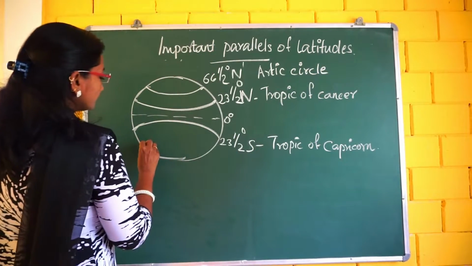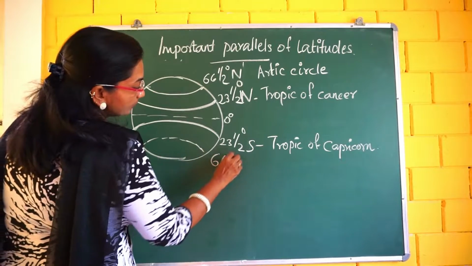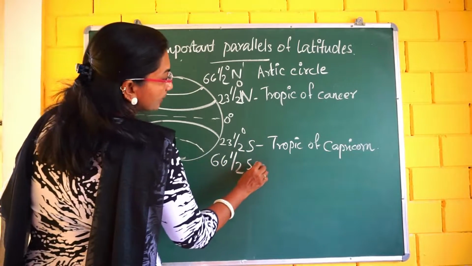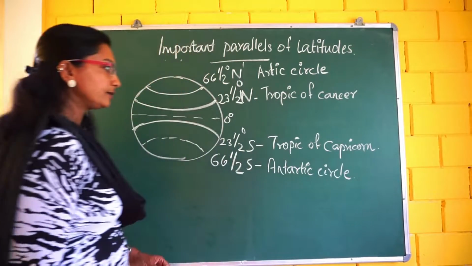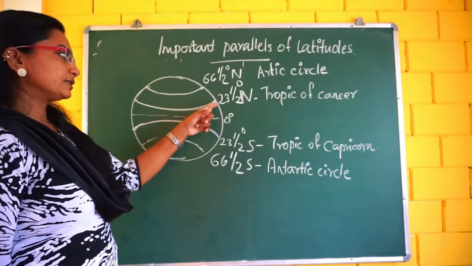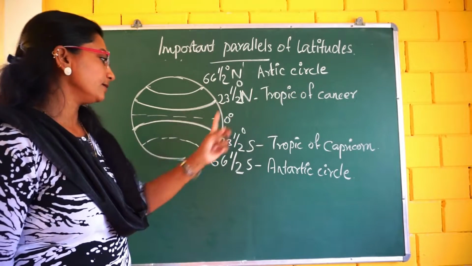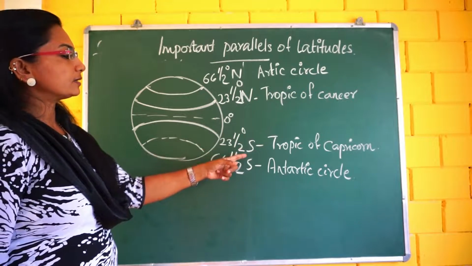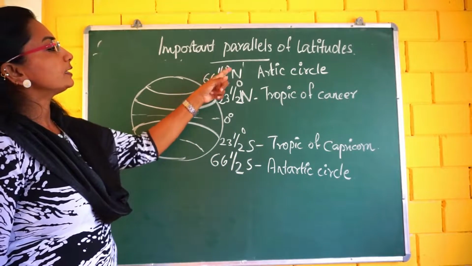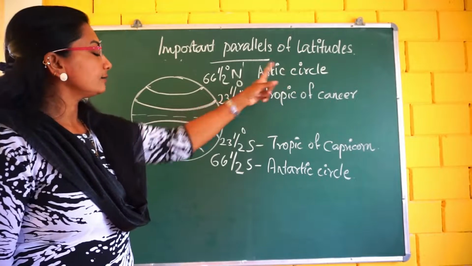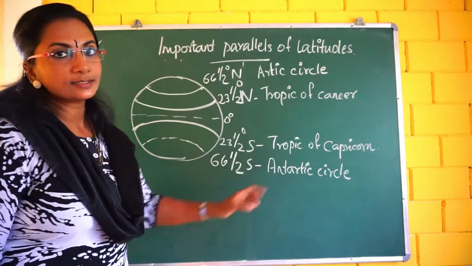Again another parallel of latitude at 66 and 1/2 degree on the southern side, and we call it the Antarctic Circle. Got it, children? So this is the equator. First, 23 and 1/2 degree north, the Tropic of Cancer is lying. 23 and 1/2 degree south, the Tropic of Capricorn is lying. Again 66 and 1/2 degree north, the Arctic Circle is there. And 66 and 1/2 degree south, the Antarctic Circle is there.